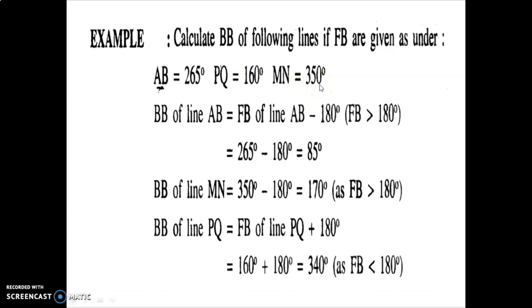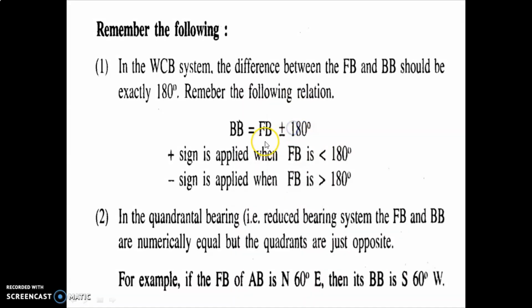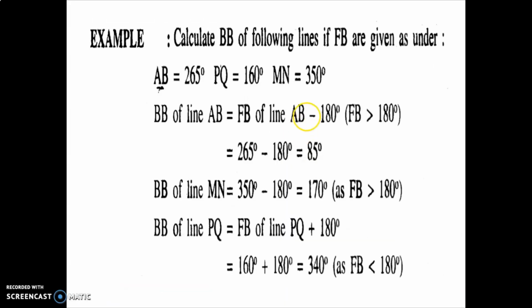WCB system. So we have to remember the first formula. How will you calculate? Back bearing of line AB is equal to forebearing of line AB minus 180 degrees. Back bearing is equal to forebearing plus or minus 180 degrees.